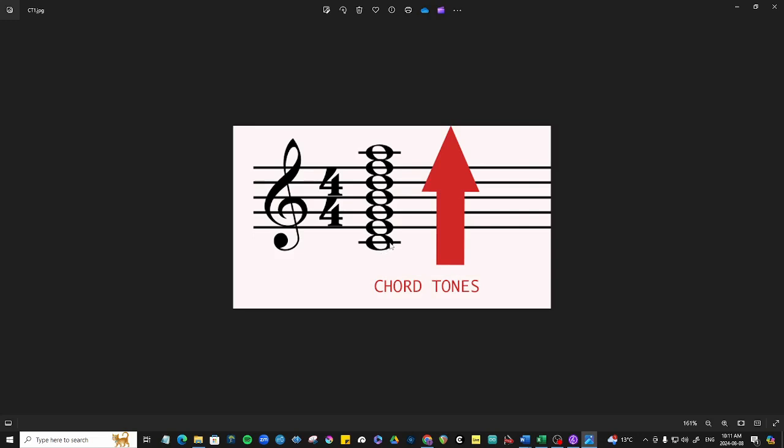So C is the root, and then E would be the third note up, G would be the fifth note up from C, and then B would be the seventh note up, so it's every second note. The root, third, fifth, seventh, ninth, 11th, and 13th.